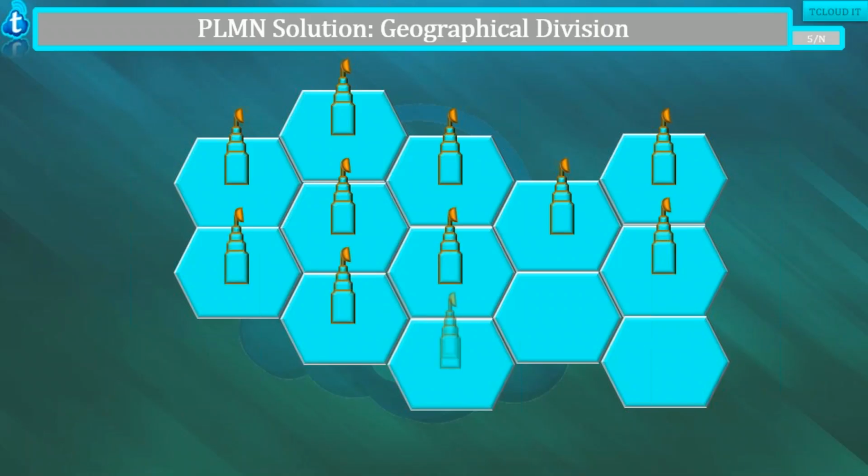And restrict the transmission of the users to the nearby antenna. So they have divided the whole area into a number of smaller areas, and they have told these towers that you have to deal with only the users present under your geographical location.